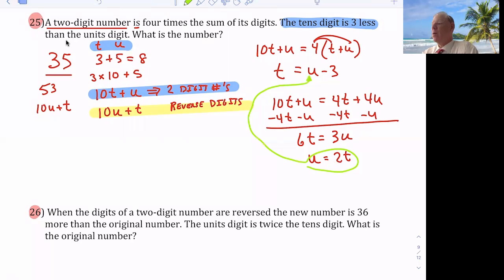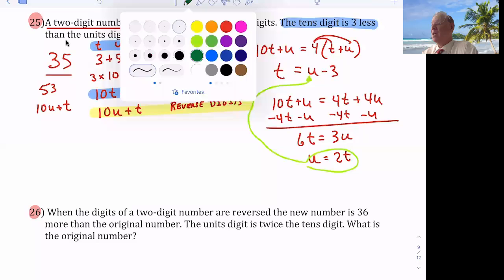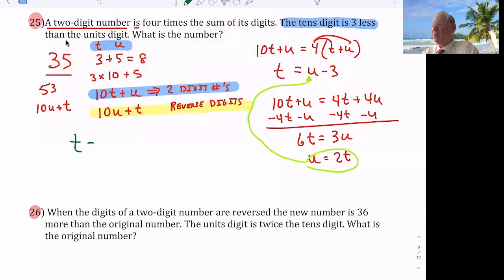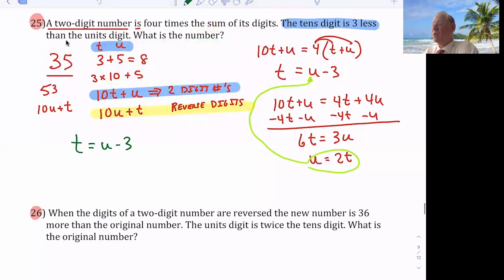So now I'm taking this, you see where I'm having t equals u minus 3, right? I'm just plugging 2t in for u. T equals 2t minus 3. You see that now, right?